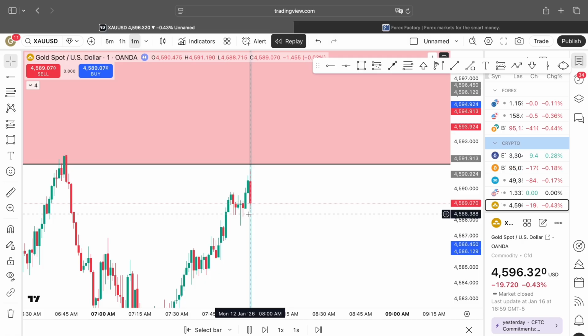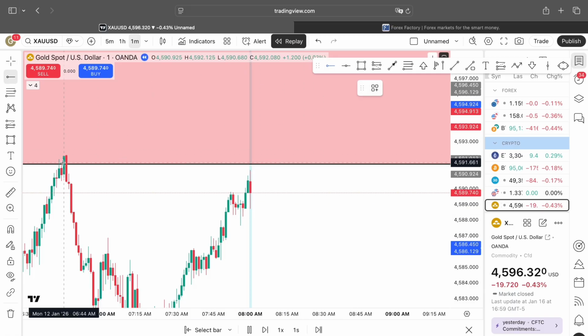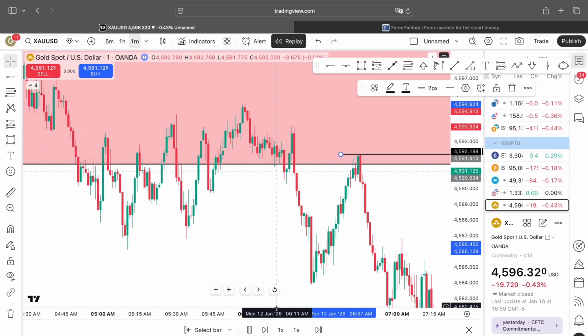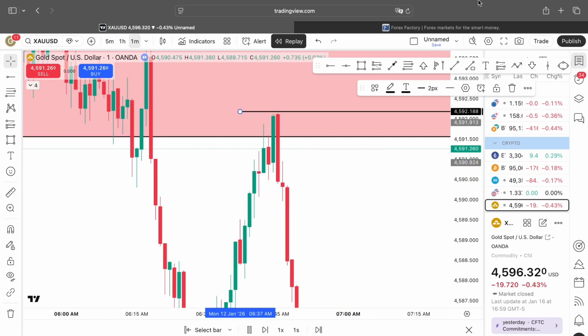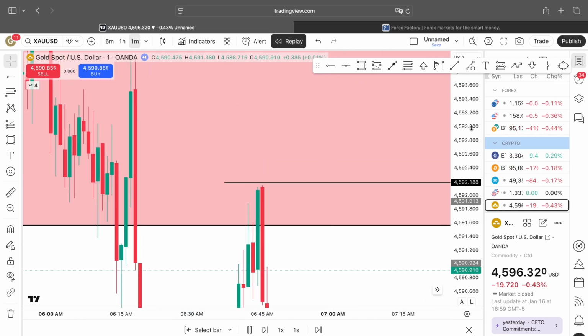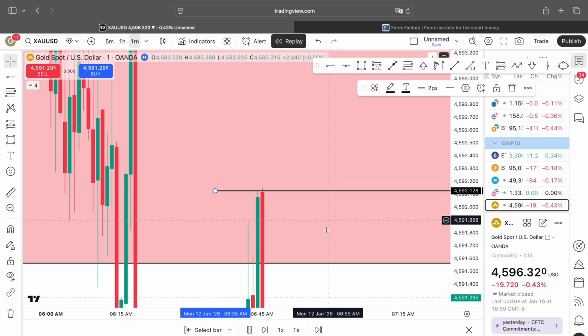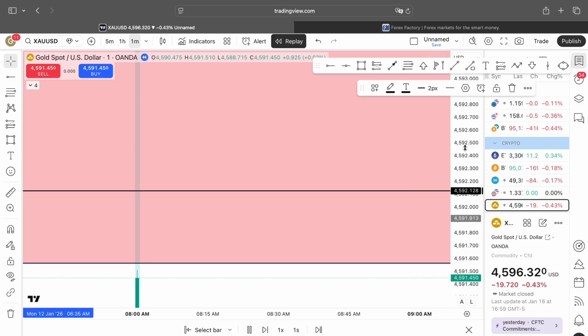So how would I truly and genuinely attack this right here? Well, if we're being honest, I will wait for price to close above this. So I will want price to close right above this and do a retest or something, right?